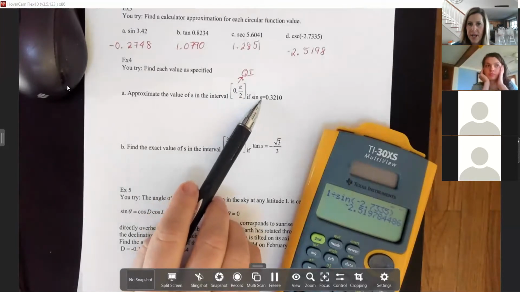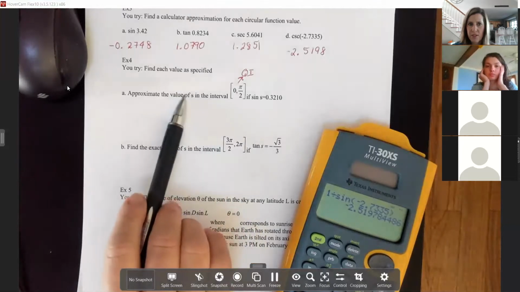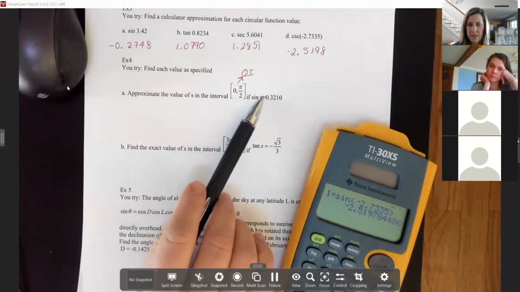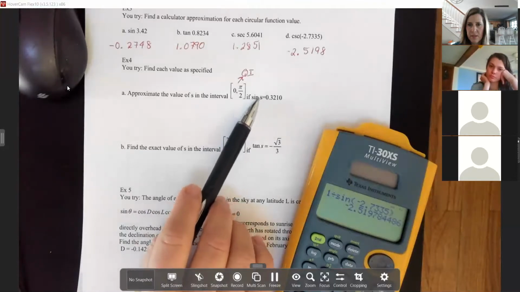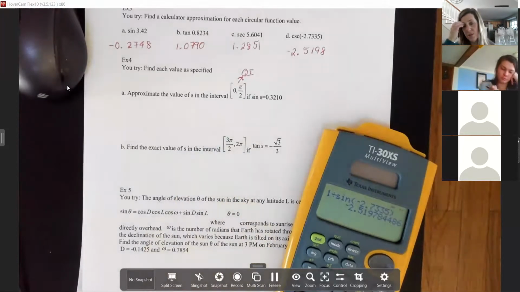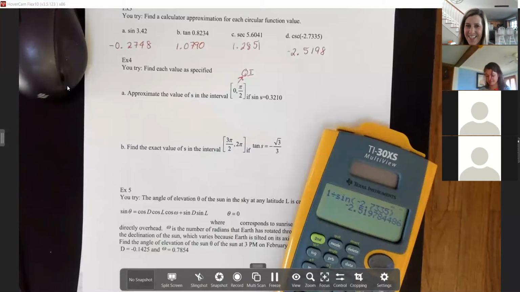So what's it asking us to find though? Find the approximate value of S. What is S? Is it the same as theta, using that interchangeably? It's almost theta. So what is S or theta? What have we used for those?